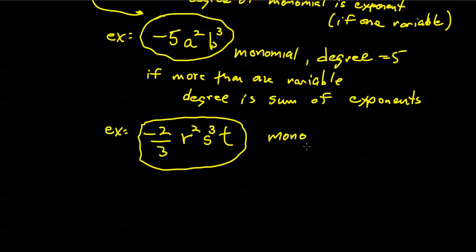And yes, monomials can have more than one variable. If I ask what is the degree of this monomial, don't forget, if you've got a variable with no explicit exponent stated, there's an implied exponent of 1. So if I add up all these exponents, 3, 4, 5, 6, this is a degree 6 monomial.